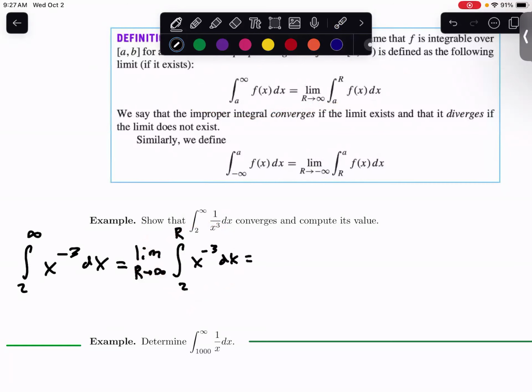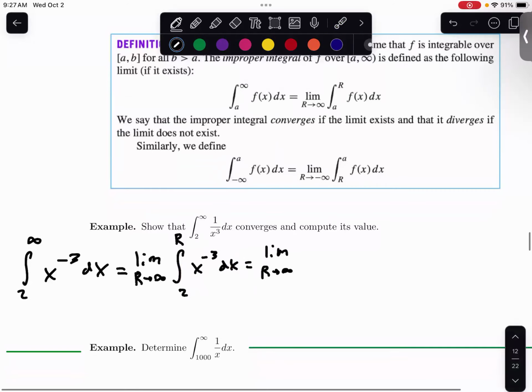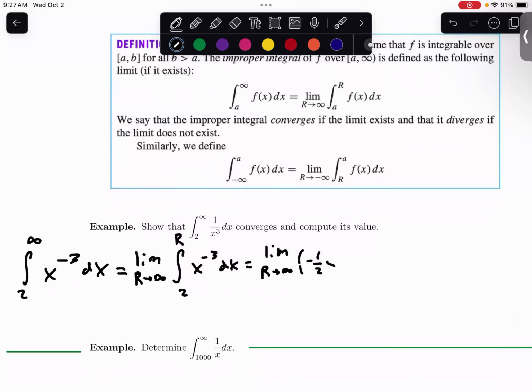So this is going to be equal to the limit as r goes to infinity. The antiderivative of x to the minus 3 is just going to be minus 1/2 times x to the minus 2, just by the power rule. And then we're integrating from 2 to r.